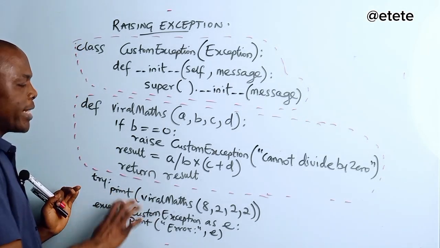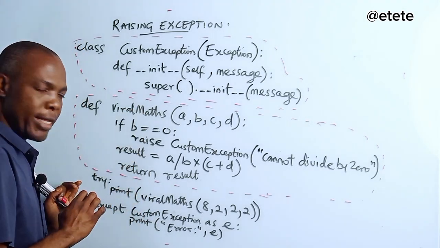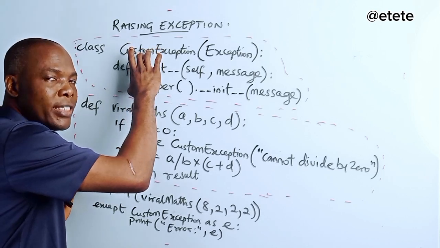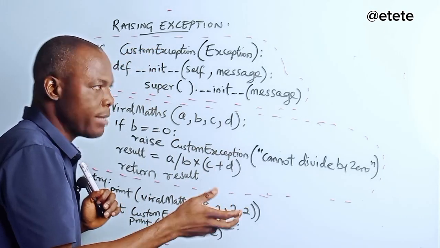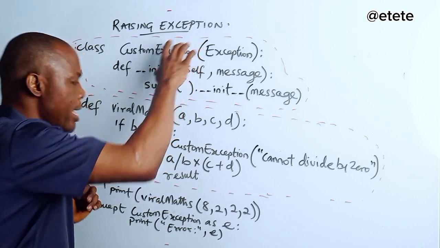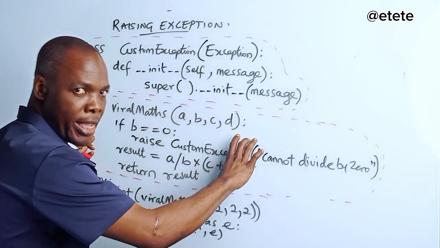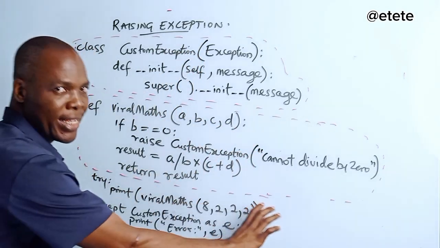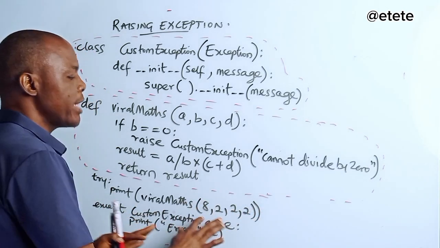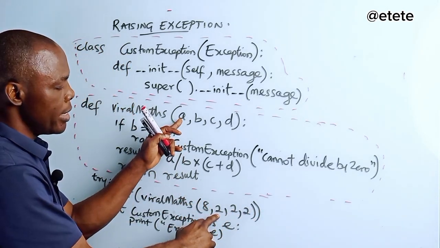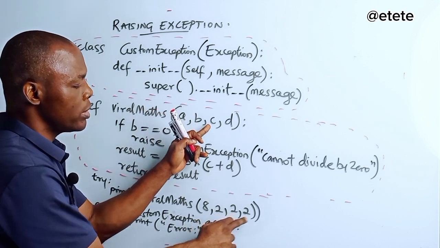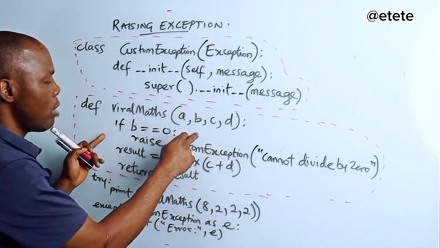So this is me handling my exception. First I created an exception here. I'm not using a built-in exception, so I created my own exception here. And then I'm raising the exception here. And here I'm handling the exception. So in this case, 8 will be given to A, 2 will be given to B, 2 will be given to C, 2 will be given to D. Then it will come in.